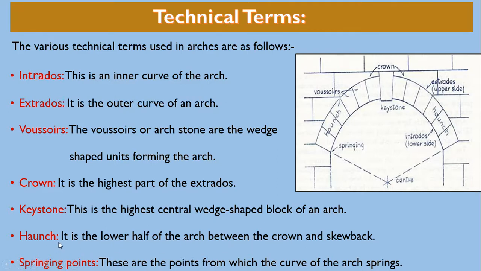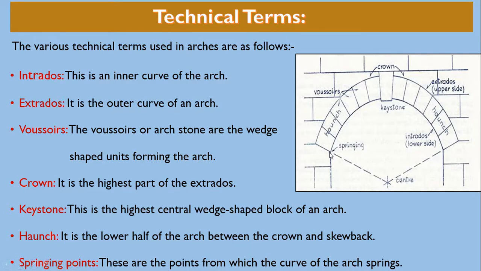Next is haunch. It is the lower half of the arch, between the crown and the skew back. This lower half of the arch is called the haunch. Springing point. These are the points from which the curve of the arch springs.